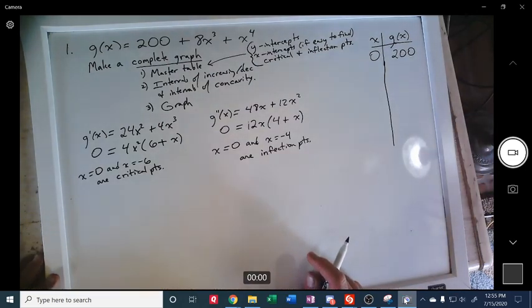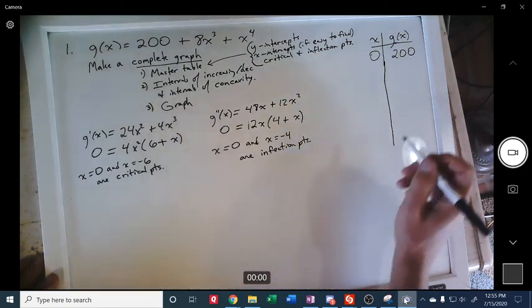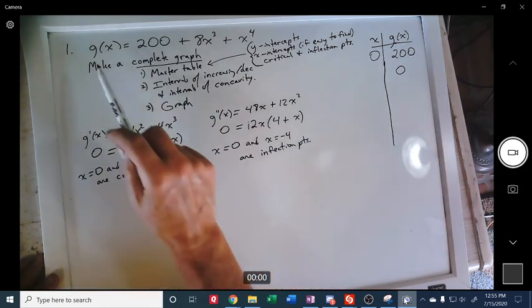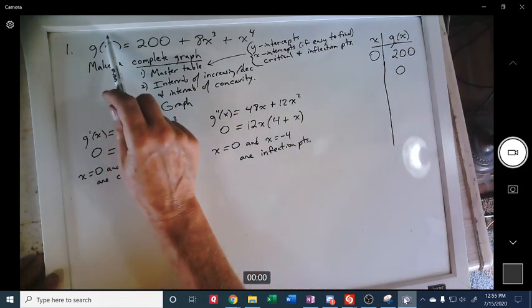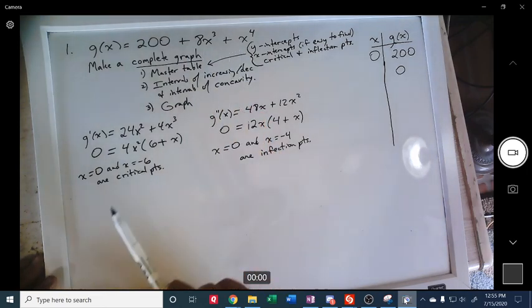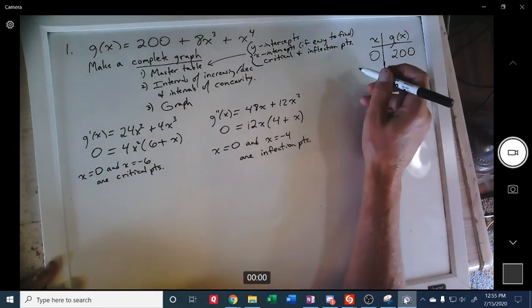When you set the y equal to 0, that's how you get the x-intercepts. It would be setting this side 0. 0 equals 200 plus 8x cubed plus x to the 4th. Now, there are no easy x-intercepts for this. I'll just write too hard.